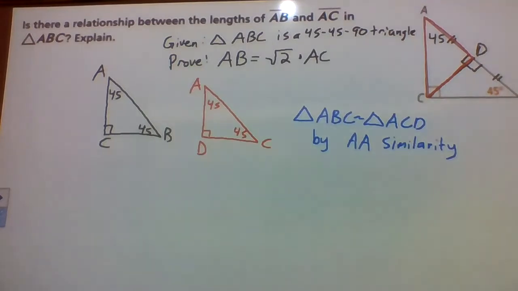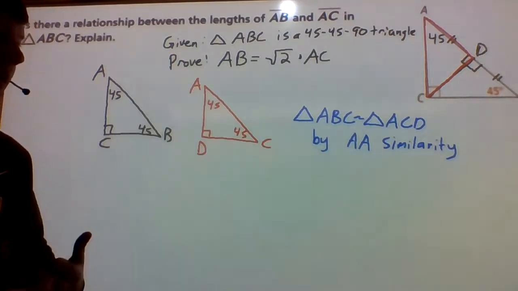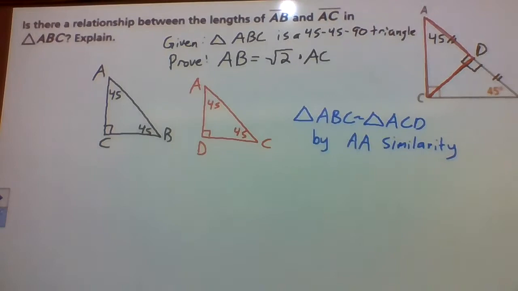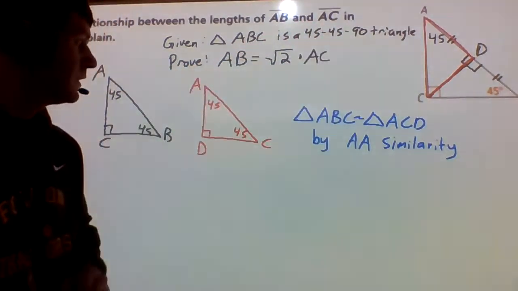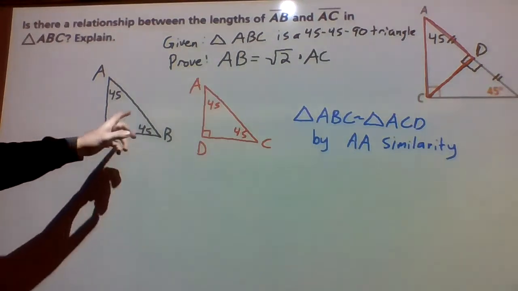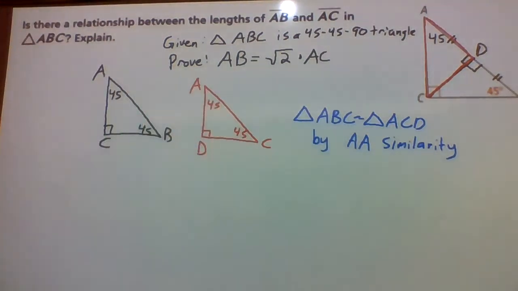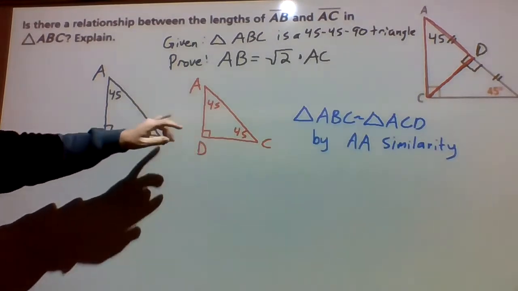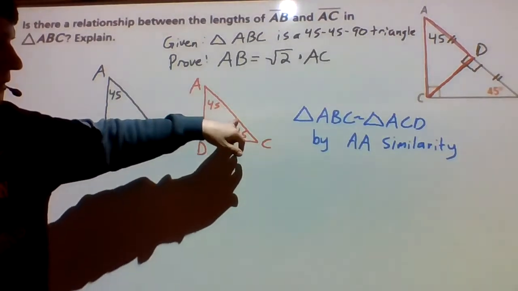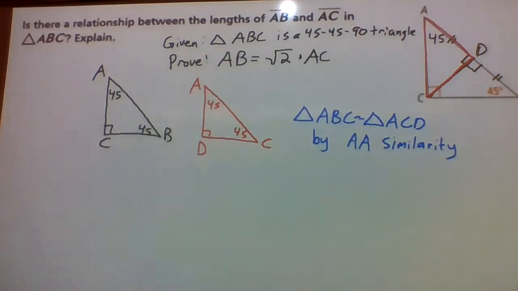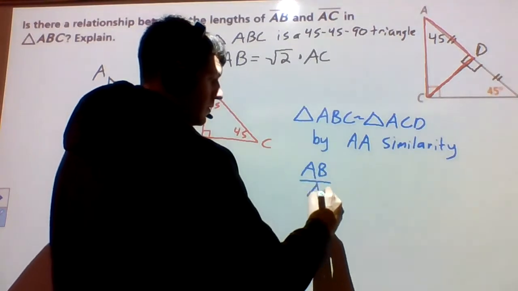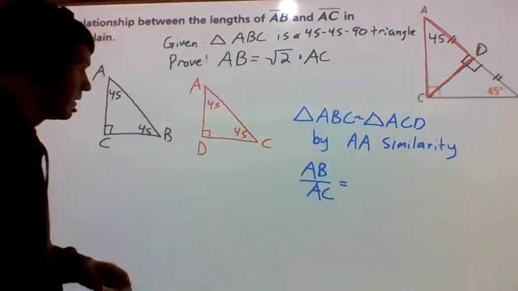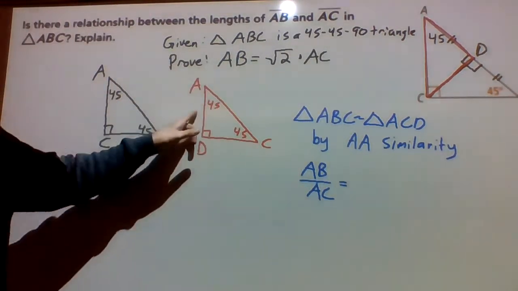Since the triangles are similar, we know that their sides are proportional. So we can set up a proportion here. We're trying to compare the lengths of AB and AC. And I notice AC is part of both triangles, so we're probably going to want to use that piece of both triangles. So let's start with the hypotenuses. AB is going to relate to AC here, so we'll do AB over AC, and then AC over AD.